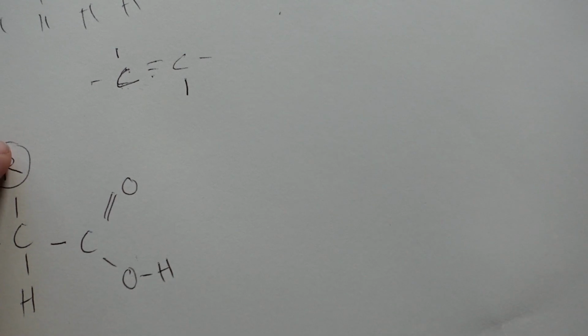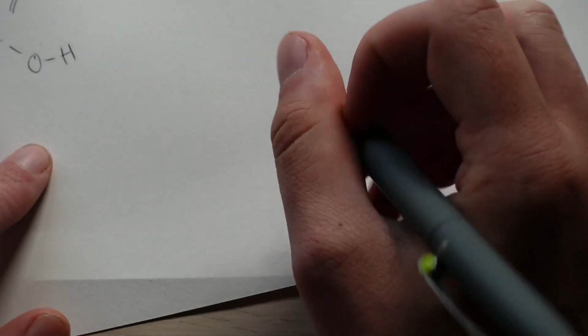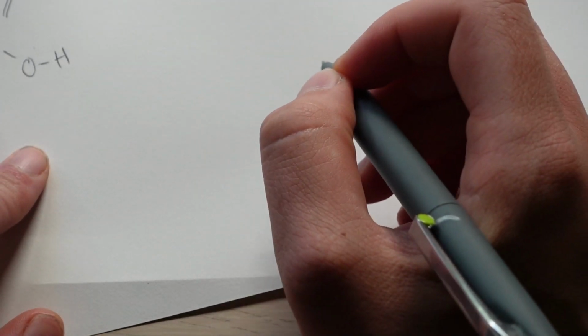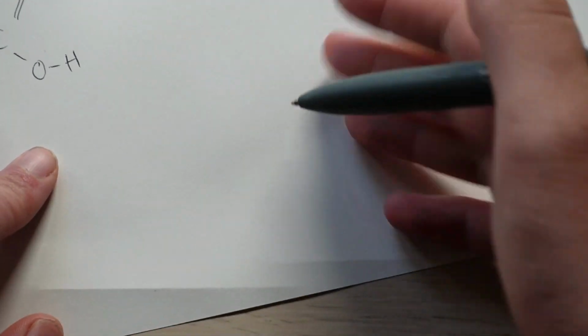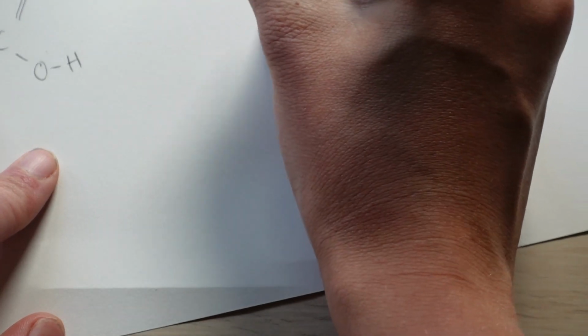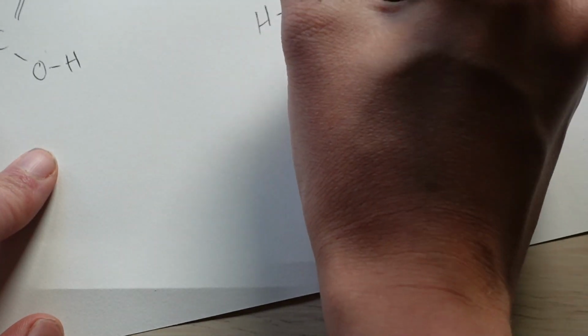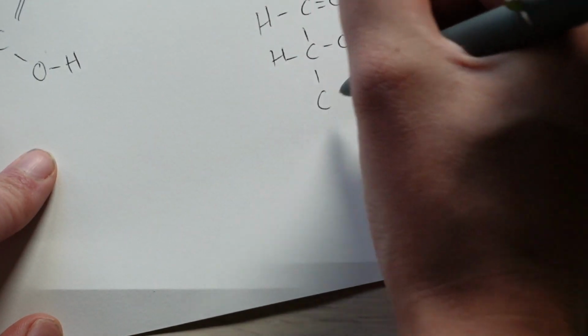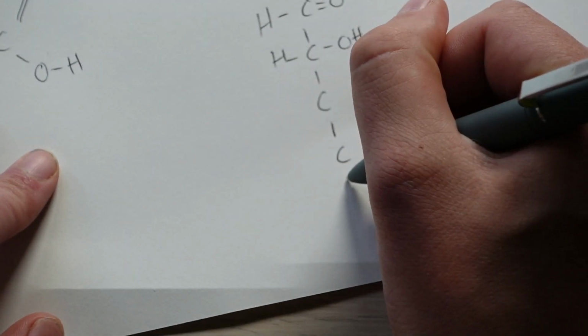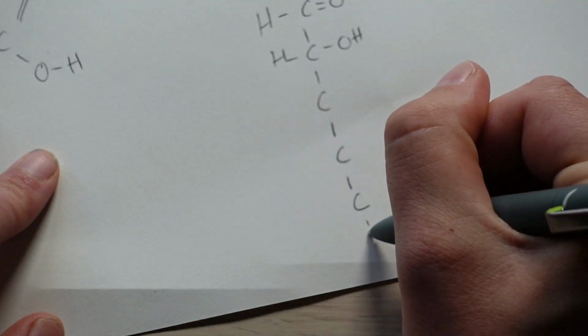And there's also glucose. Glucose, so there are 2 different ways you can draw it. There's the longer structure where it's 1, 2, 3, 4, 5, 6.